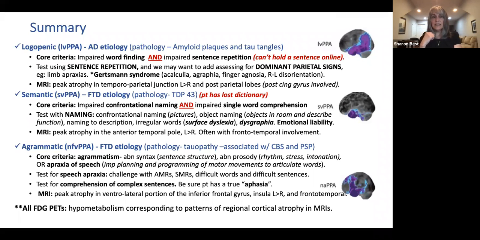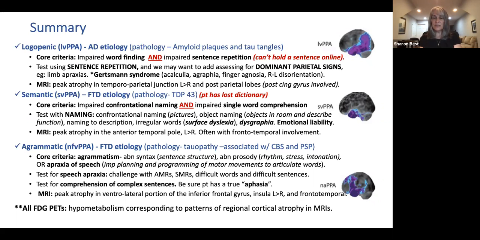But we're going to be thinking, has this patient lost their dictionary? So they'll have trouble with naming pictures, naming objects. We can check for surface dyslexia. We can look for the dysgraphia, and we can expect there may be an emotional lability involved. The MRI has that classic finding of anterior temporal polar atrophy, left greater than right, and we may have some frontal involvement.